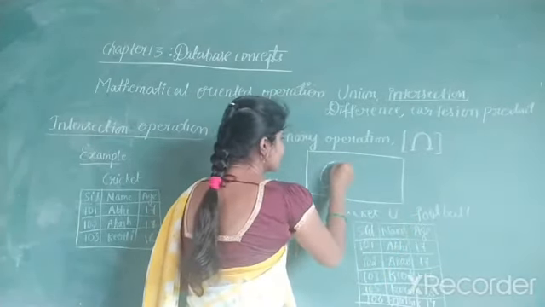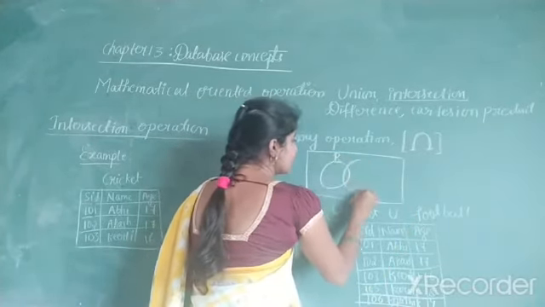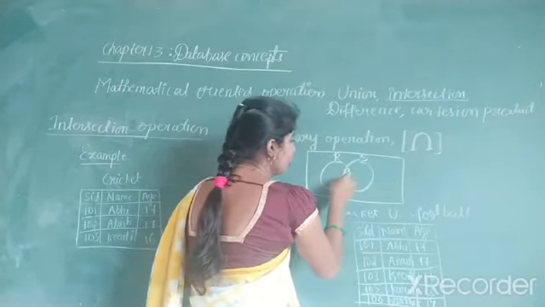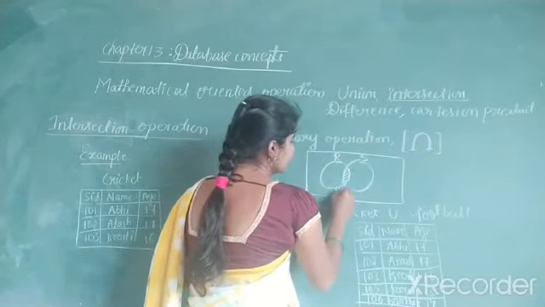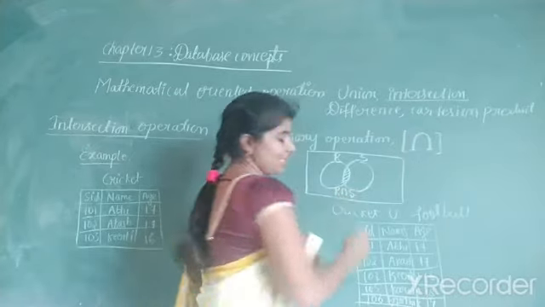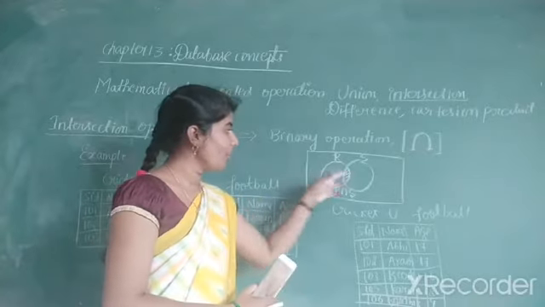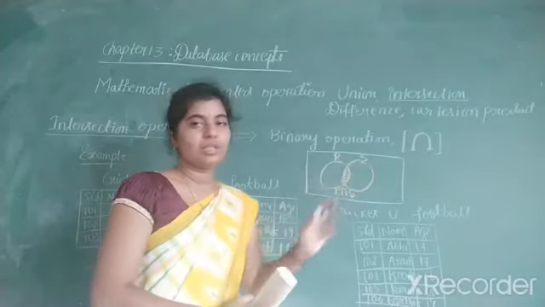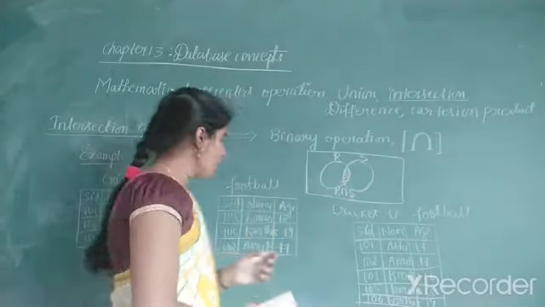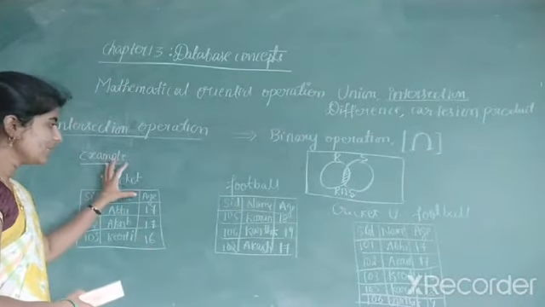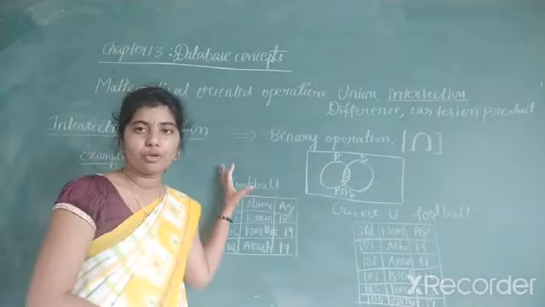Let us assume this is relation R and this is relation S, and intersection means the common tuples, that is, R intersection S. Common records or common tuples from these two relations. And if you want to write the intersection for these two tables, one is the cricket table and the other is the football table.